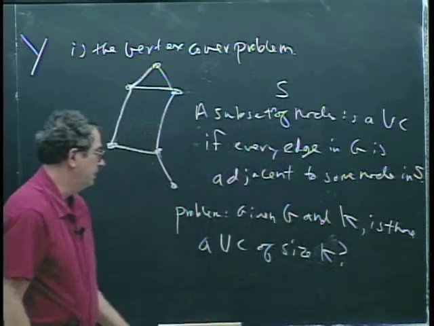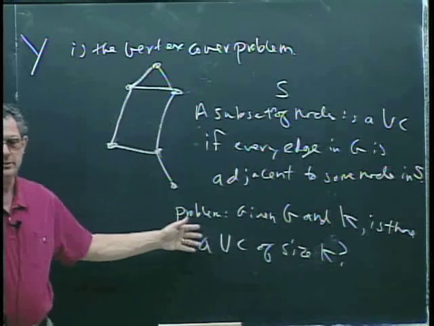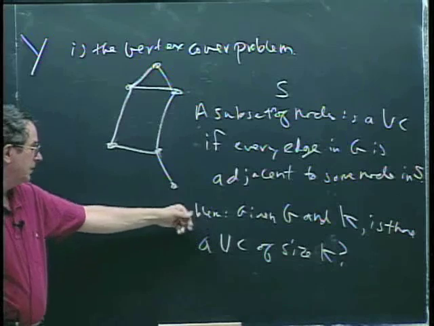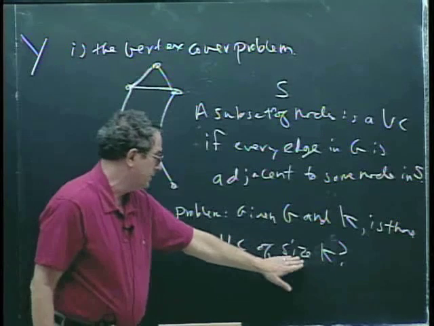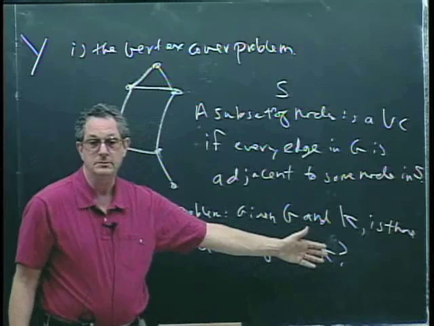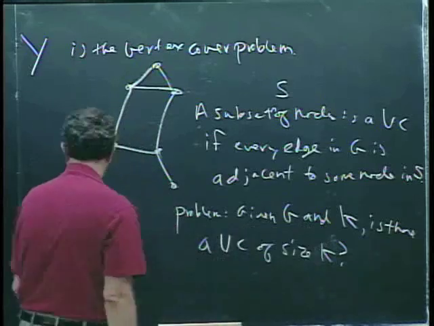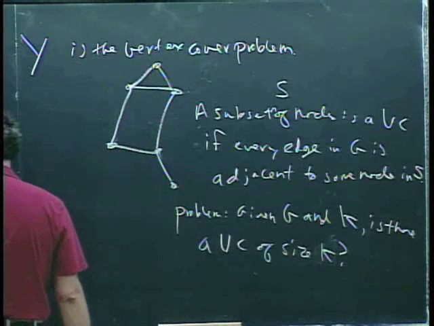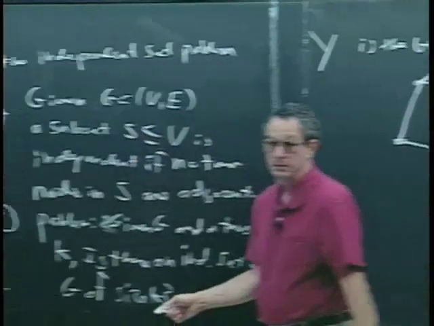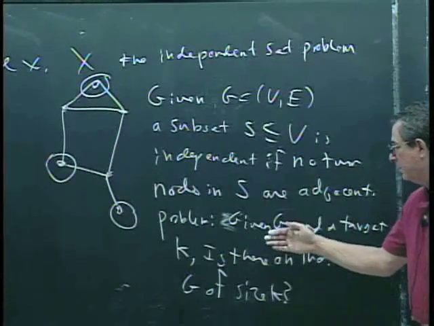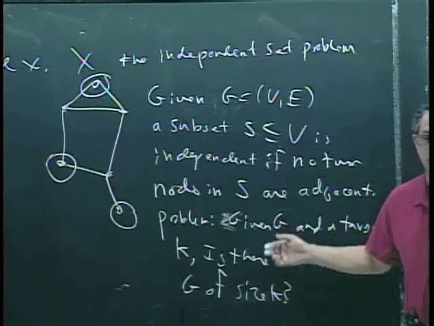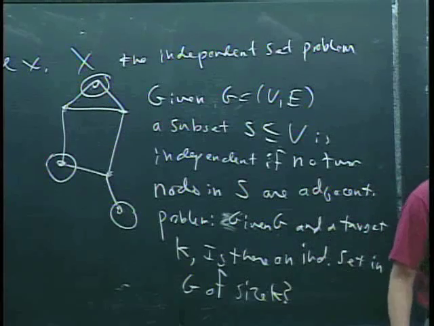You can make both of these a little more suggestive. Given G and K, is there a vertex cover of size at most K? And here, is there an independent set of size at least K? That's usually the way it's framed, to emphasize that you want big independent sets and small vertex covers.